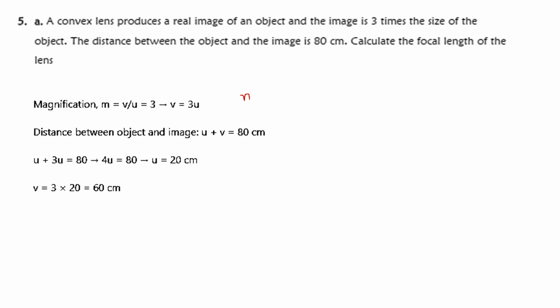So making V the subject, we shall need to multiply U by 3. So V therefore is going to be equal to 3U. In other words, the image distance is 3 times the object distance.